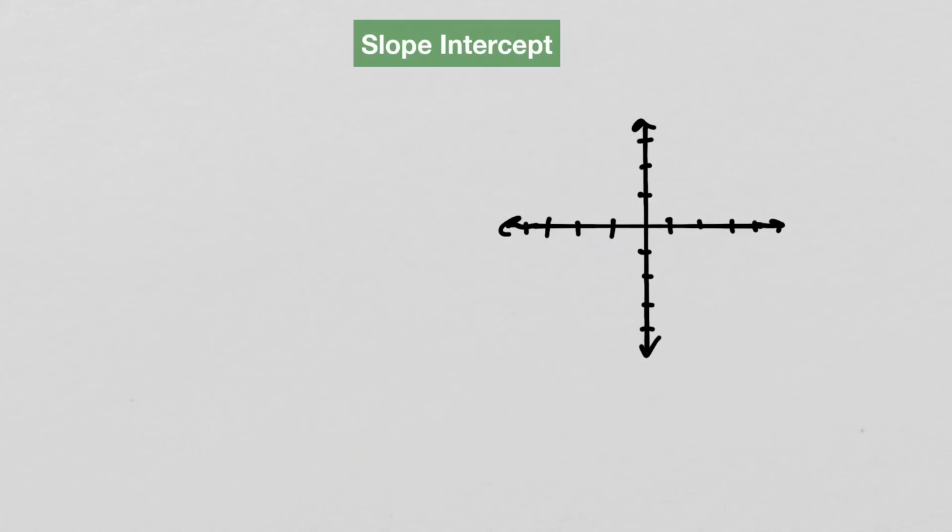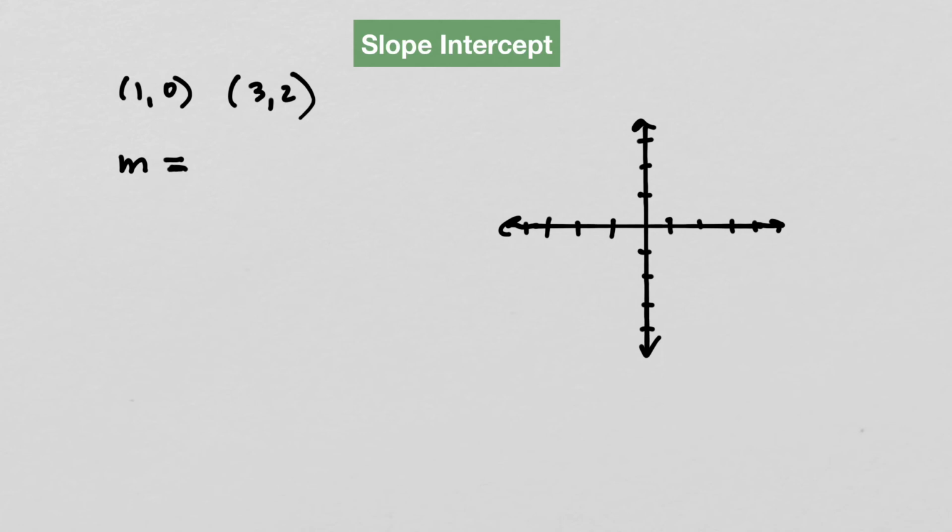Let's suppose we're given 2 points: 1, 0 and 3, 2. And we need to find the equation of this line. How do we do this? So first, we need to find the slope from these two points. The slope, we know, is equal to m.